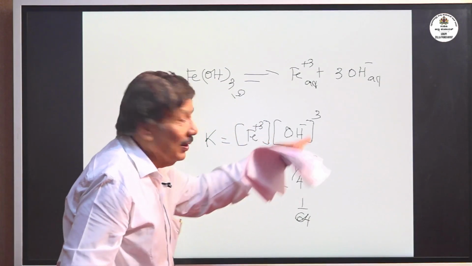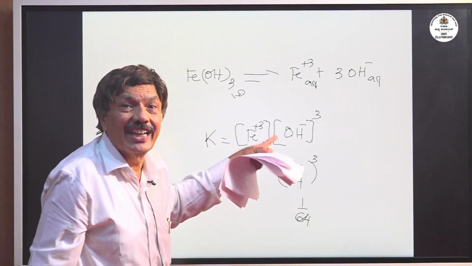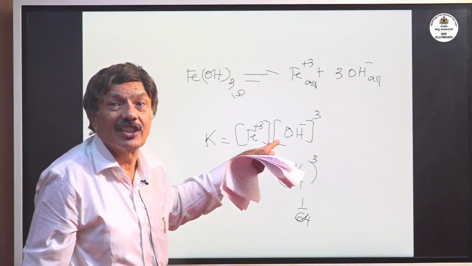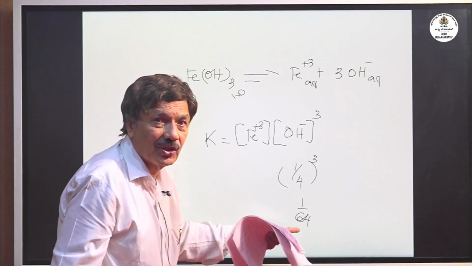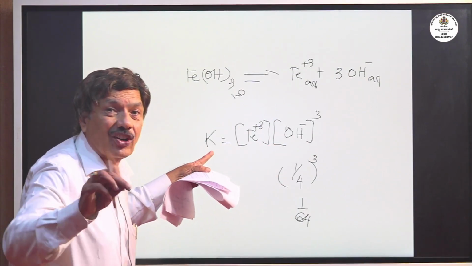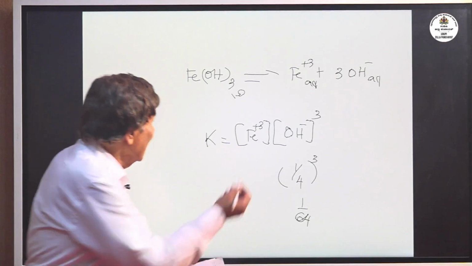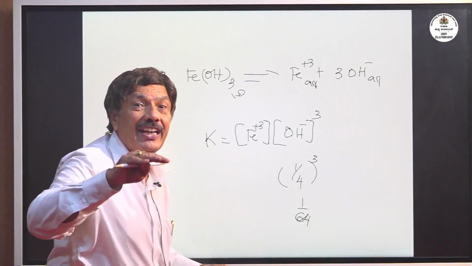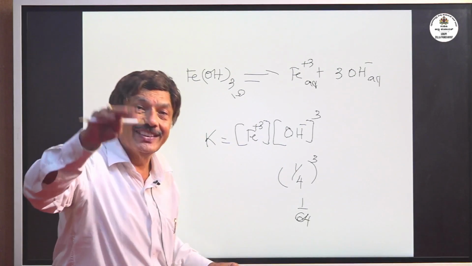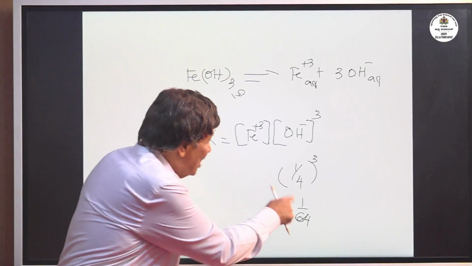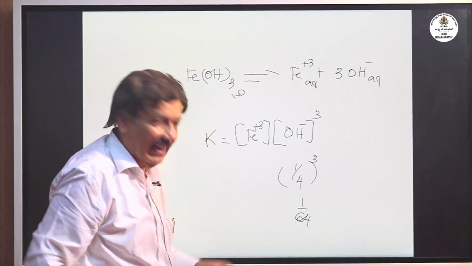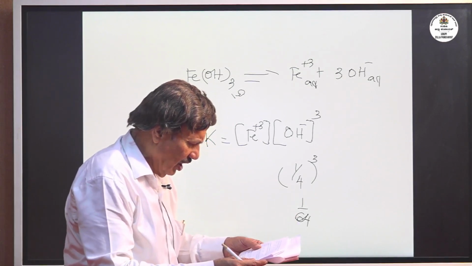So the factor reduced due to this decrease in the concentration of OH minus is 1 by 64. In order to keep K constant, obviously the other multiplicand should be increased by 64. When that is increased by 64, this 1 by 64 gets cancelled. So the answer is option C.